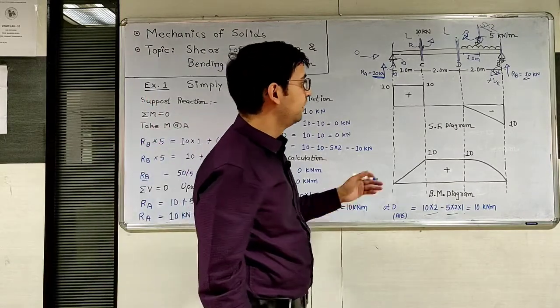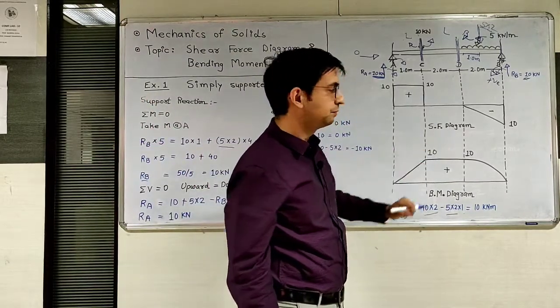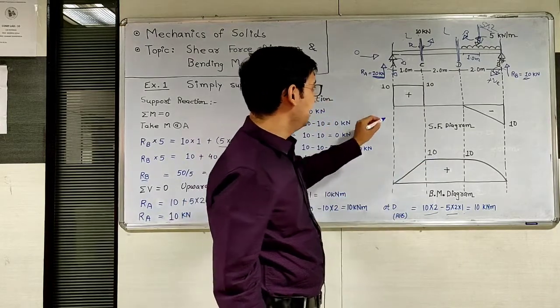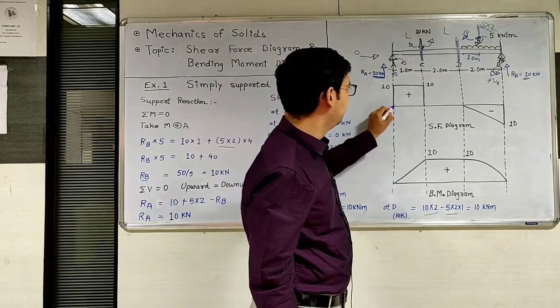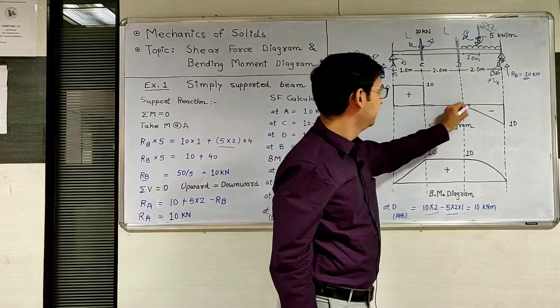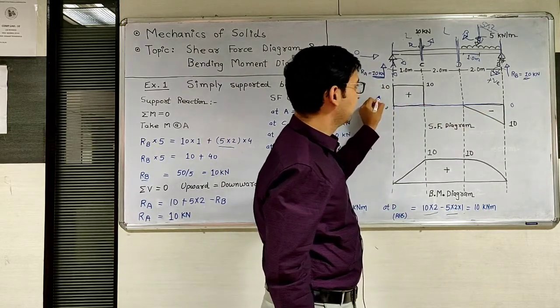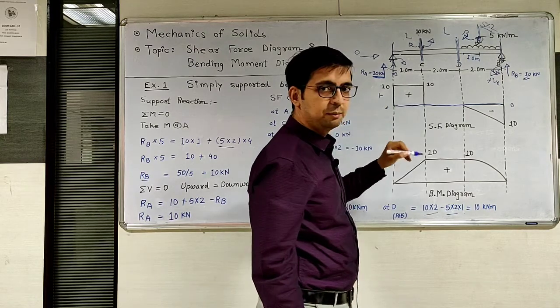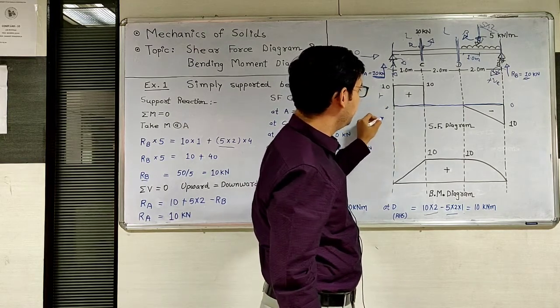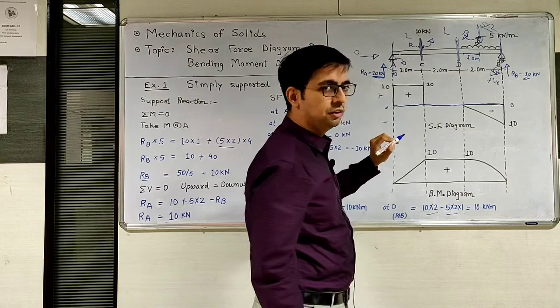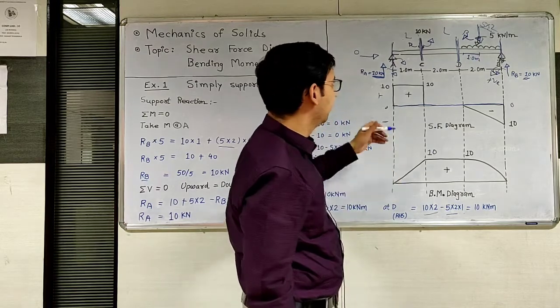Now, how to draw the shear force diagram. For the shear force diagram, first of all draw a horizontal line which indicates the 0-0 level. Above this 0-0 line is the positive side, and below this 0-0 line is negative.